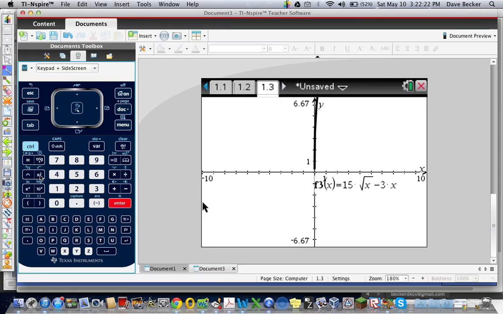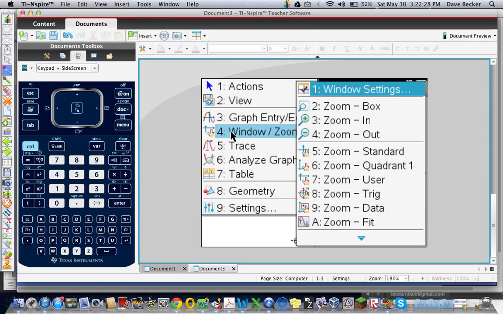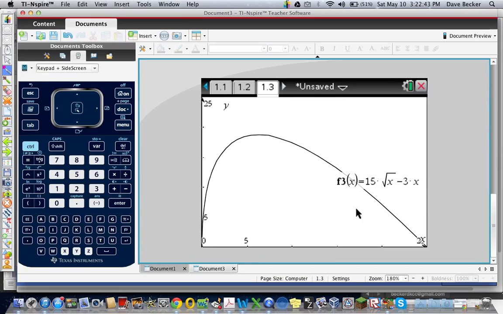Ooh, that doesn't look too good now, does it? So that's because we need to go to our window. So window settings: 0, 25, scale of 5, 0, 25, scale of 5. Always make your graph look like the grid that they give you, and then it's very nice.